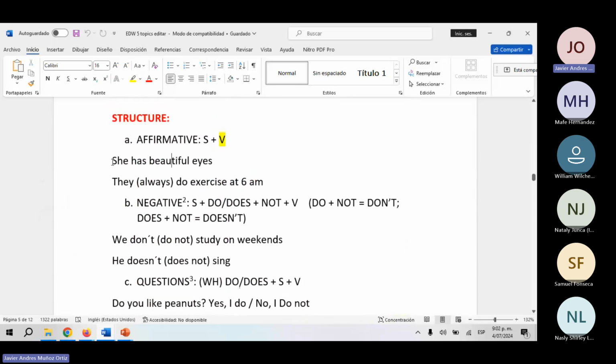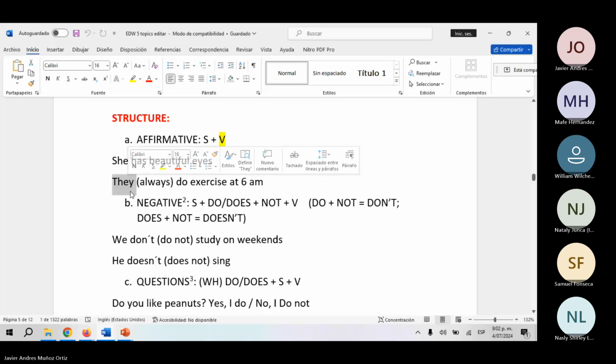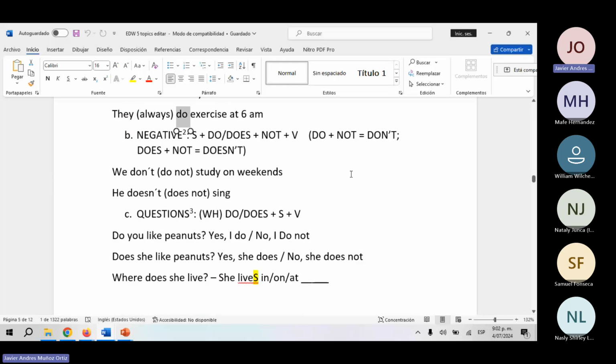Example, she has beautiful eyes. Remember that the conjugation of third person singular for the verb have is has. This is an exception, like verb to be. However, if your cousins are those who perform an action, the verb doesn't change. They do exercise.